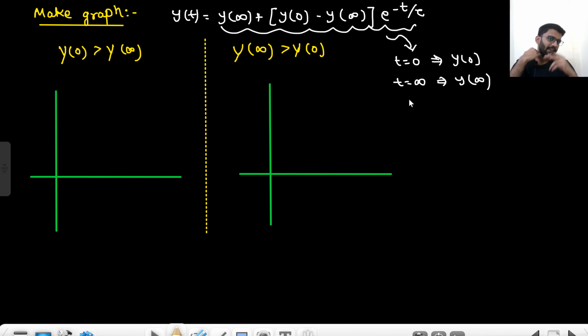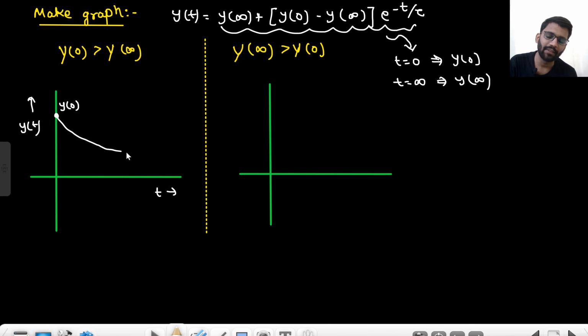So you are rising from y of 0 to y of infinity, or you can fall down as well. Let's assume your y of 0 is higher than y of infinity. This is your y(t) versus t. Now your y of 0 is higher, so you will go from y of 0 to y of infinity. Y of infinity can be any value. It can be 0 as well, or any finite value.